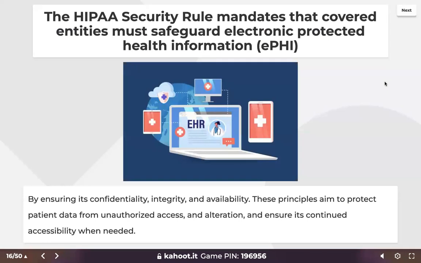Now, the HIPAA security rule mandates that covered entities must safeguard electronic protected health information, or EPHI, by ensuring its confidentiality, integrity, and availability. These principles aim to protect patient data from unauthorized access and alteration, and ensure its continued accessibility when needed. So this is also found in the HIM textbook, okay? So just know those 3 terms, those principles.